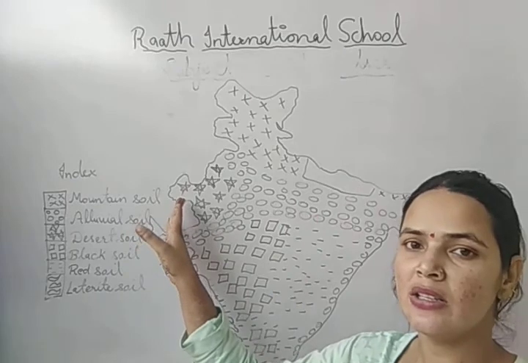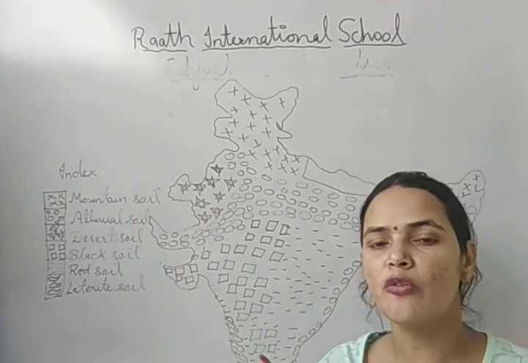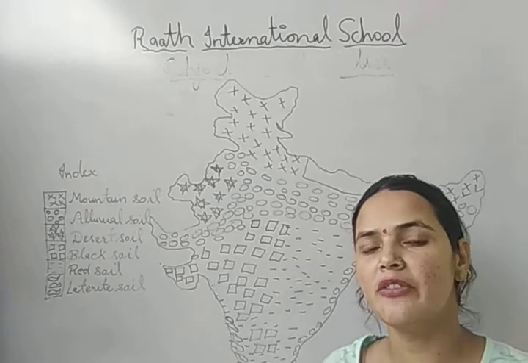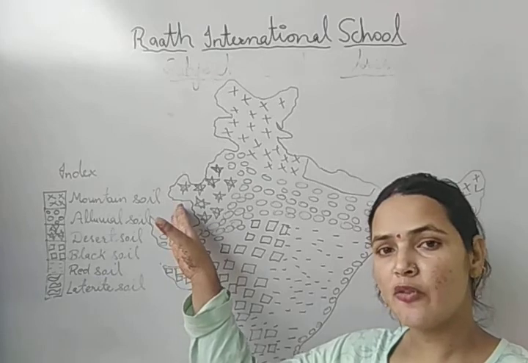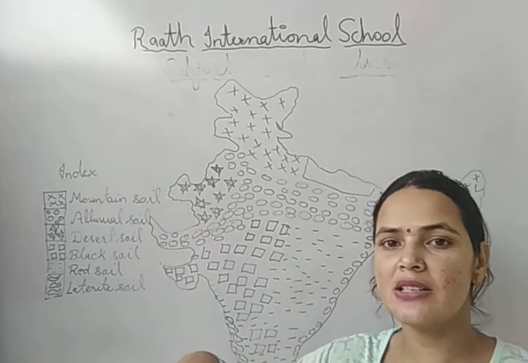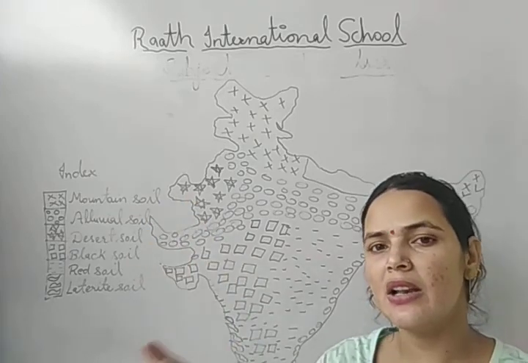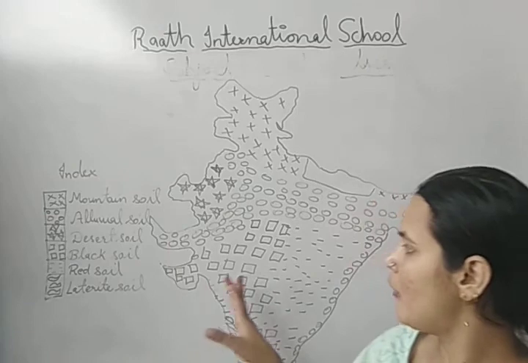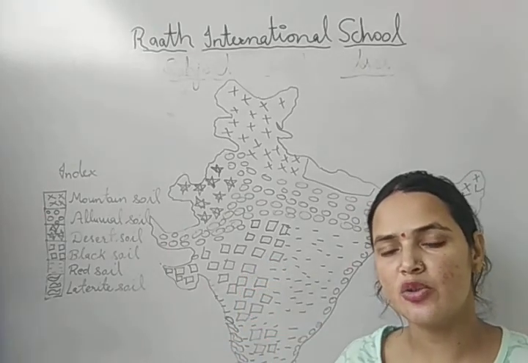Desert soil needs plenty of water to grow different types of crops. And which crops can easily grow here? Millets, because millets are tough grains or coarse grains which can survive even in less water. After that, black soil, that is very good for the growth of cotton and sugarcane.